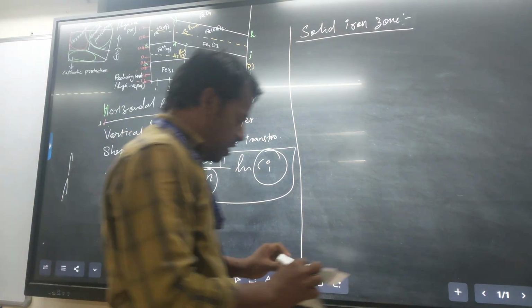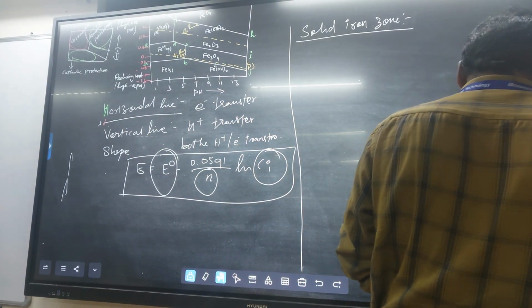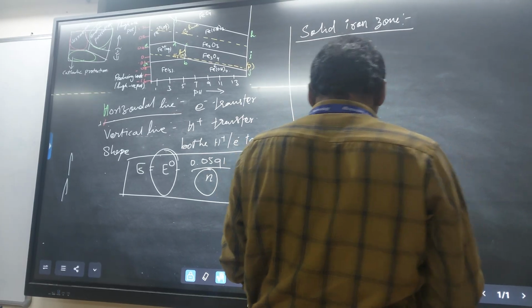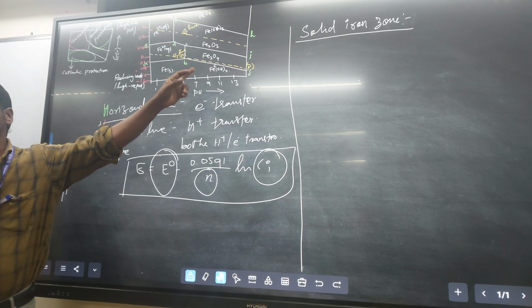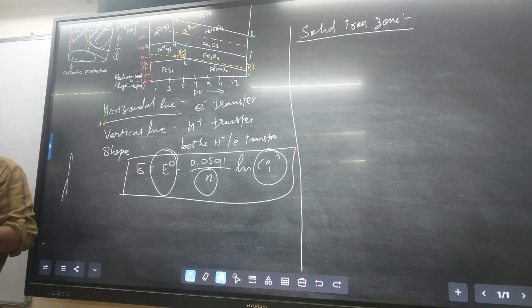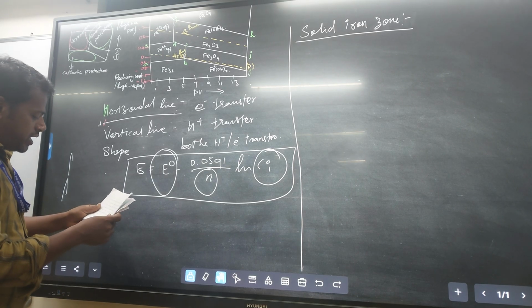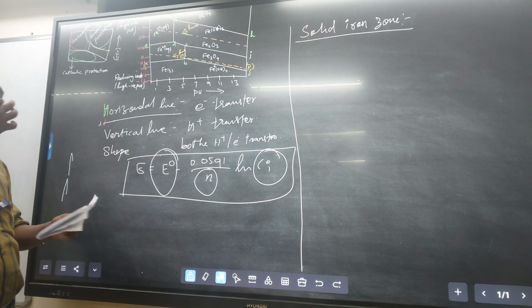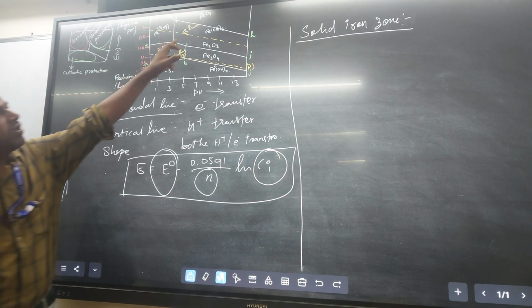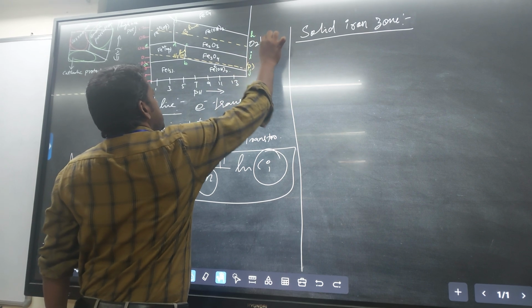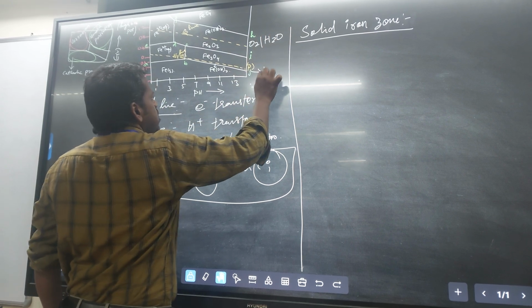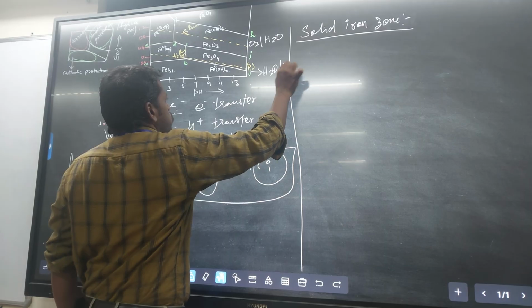You can give the name also. What is that yellow dashed line? That is the water line, the theoretical stability of water. Above this dashed line water is oxidized, O2 by H2O, and below it H2O by H2.